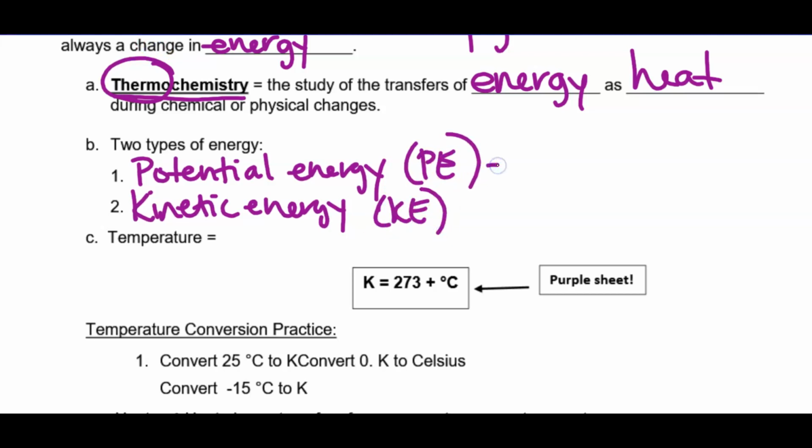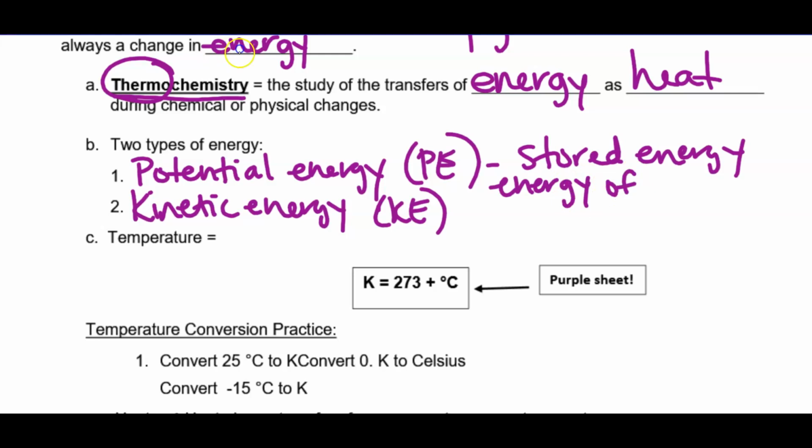So potential energy is stored energy, or sometimes what we like to think of it as the energy of position. Versus kinetic energy is the energy of motion.